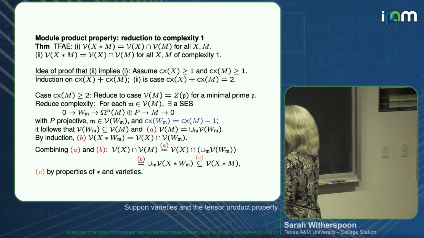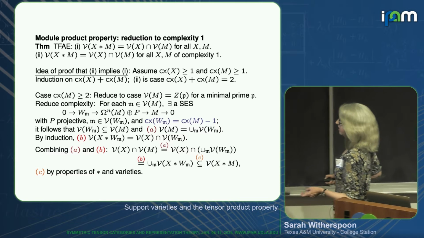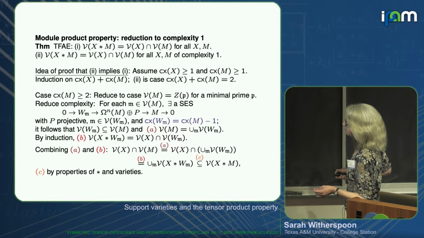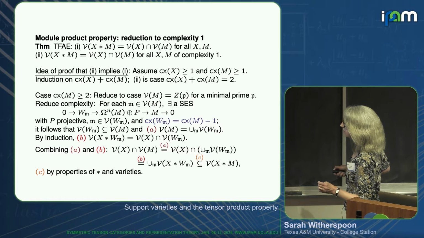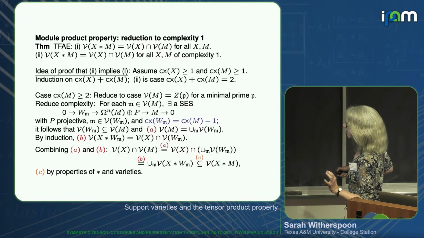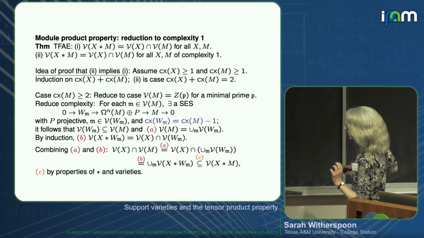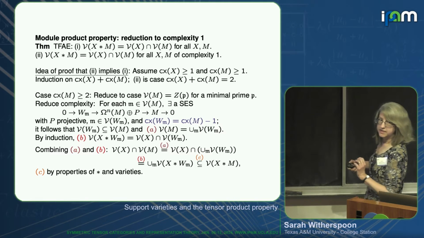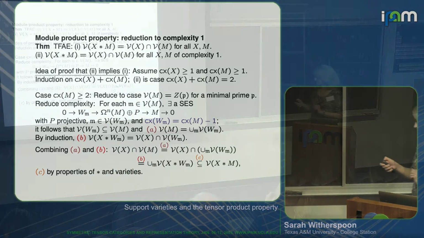So we get that the variety of W sub 𝔪 is contained in the variety of M. Also, by this property, each maximal ideal in the variety of this object capital M is contained in one of those, and so it's equal to the union.